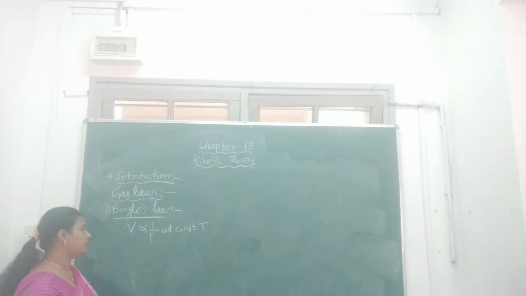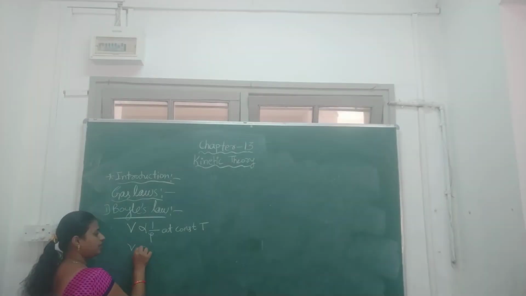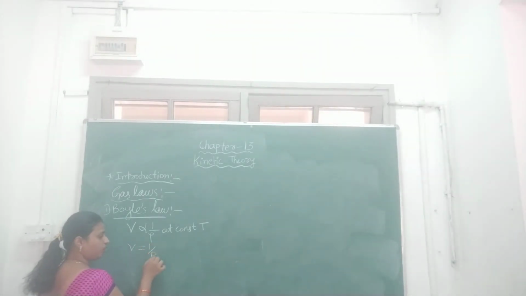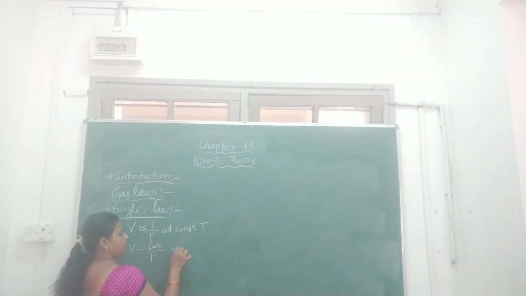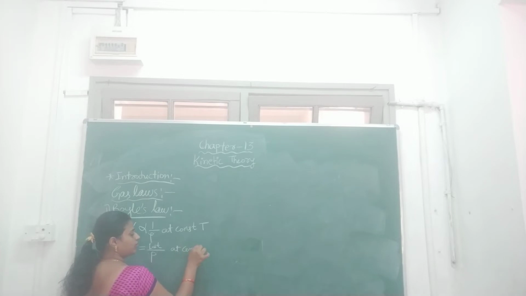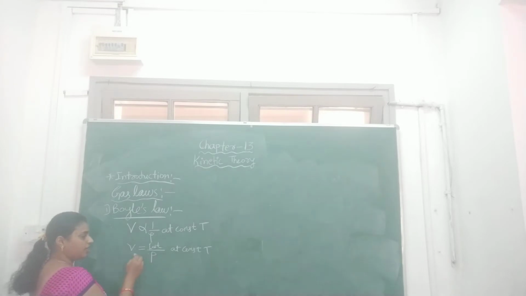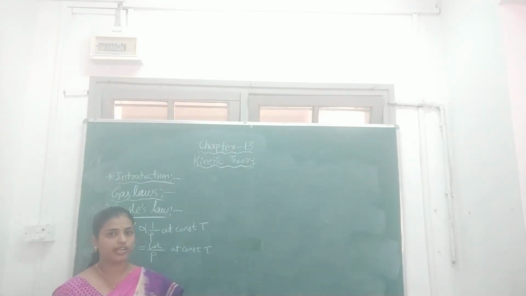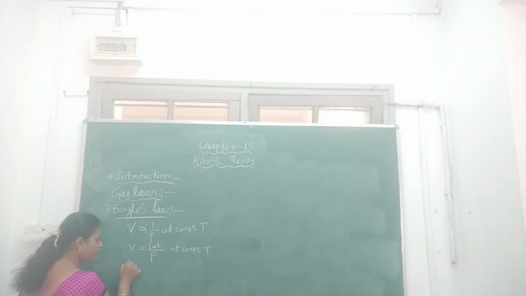Here we remove the proportionality sign and use an equal sign. So we write V is equal to constant into 1 by P, or constant divided by P, at constant T. So V is equal to constant divided by P. Taking P to this side, PV is equal to constant.